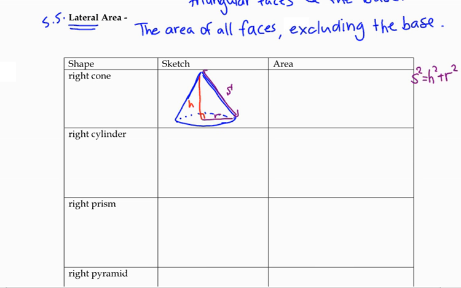Okay, so what's the formula on your formula sheet for surface area of a cone? Yeah, Nadia? Pi r s, pi r squared. Okay, we need to break this down, and so you need to understand what's what.